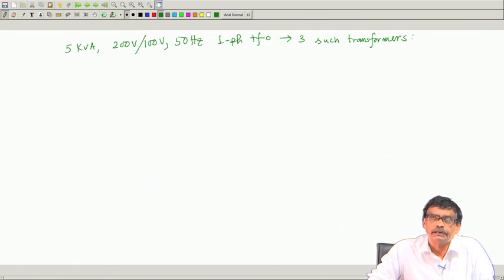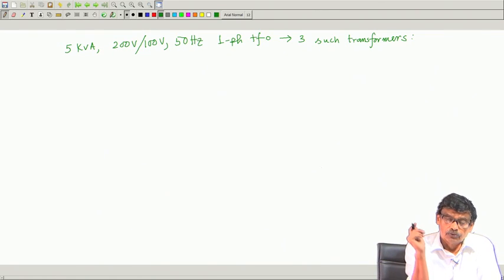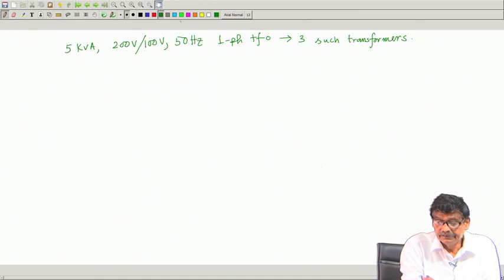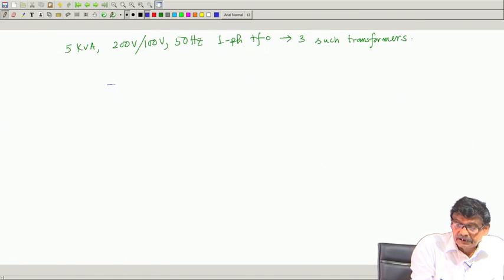Each transformer will have 2 coils, 1 primary, 1 secondary, 1 high voltage, 1 low voltage. Therefore, it is essential to mark the terminals of the transformer appropriately. So, what I will do is this: suppose this is the transformer 1.